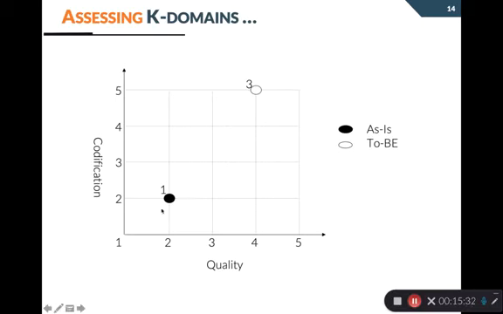So basically, this means 2 on the quality, 2 on the codification, and 1 on the distribution. And 4 on the quality, 5 on the codification, and 3 on the distribution. Just another easier way to think about the mapping of the knowledge areas.